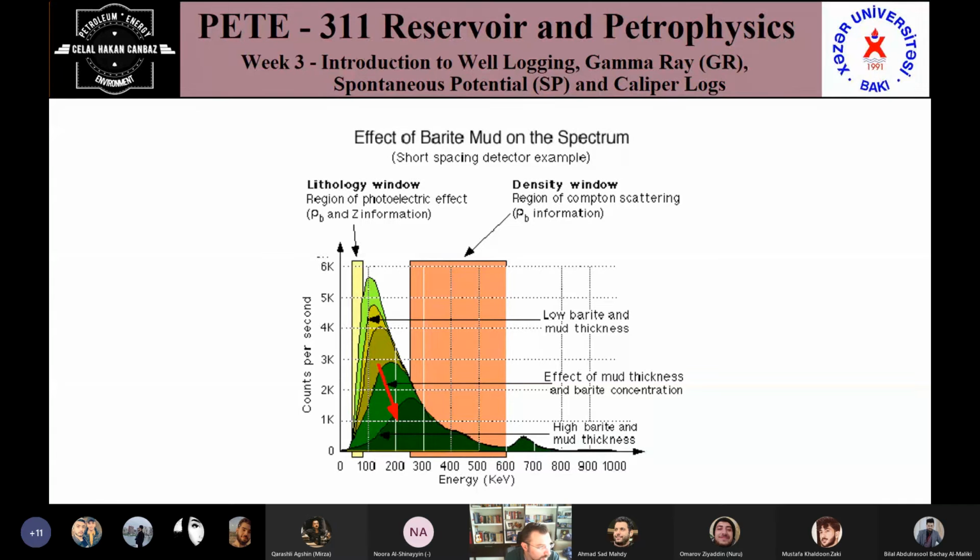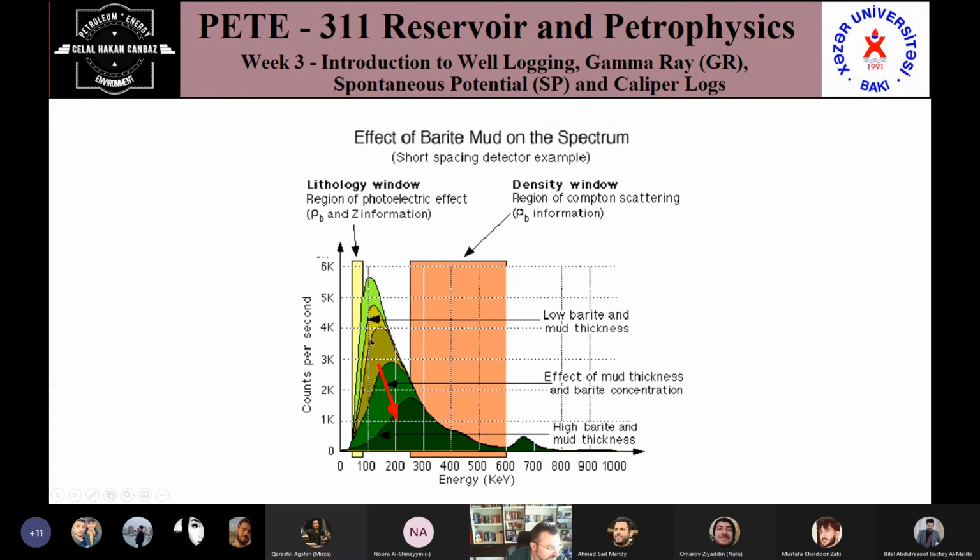So, for example, here the density window of your gamma ray is between this level. But when it comes to lithology, your lithology window is here. You see the region of photoelectric effect. So with low barite and mud thickness, when it increases, it will give you some results between these two.